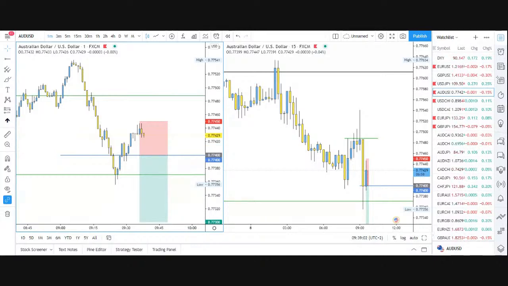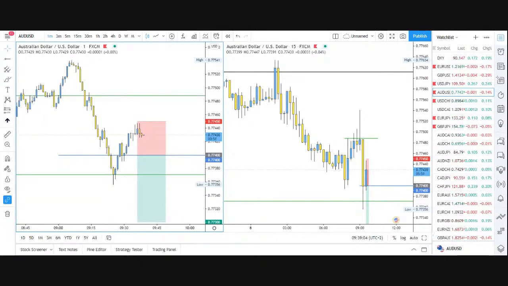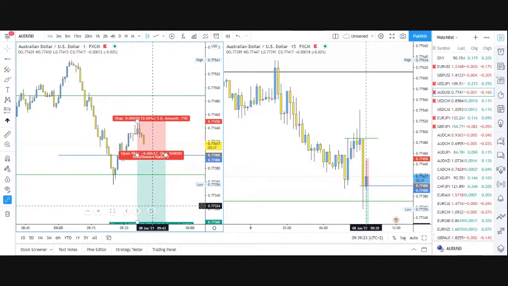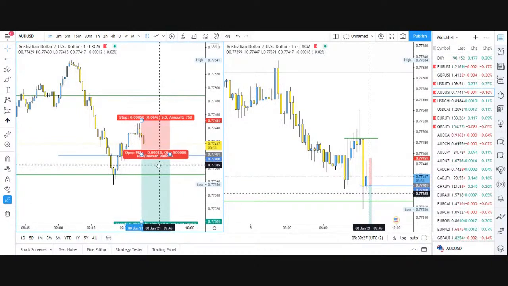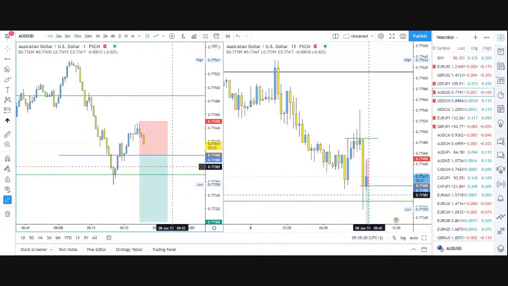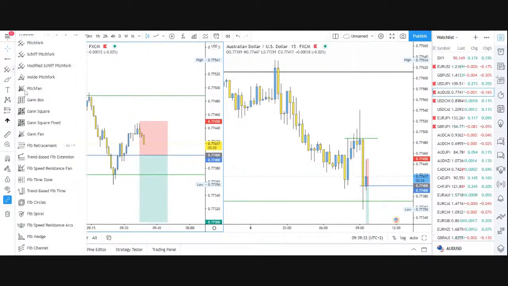There's about 6 minutes left on this 15-minute candle. We need it to play out within the next 5 minutes 50 seconds, otherwise we will have to delete it. Okay, that's what needs to happen. Let me see.